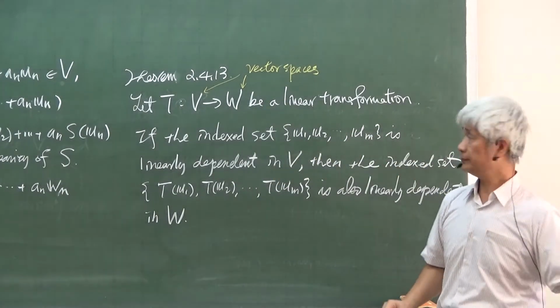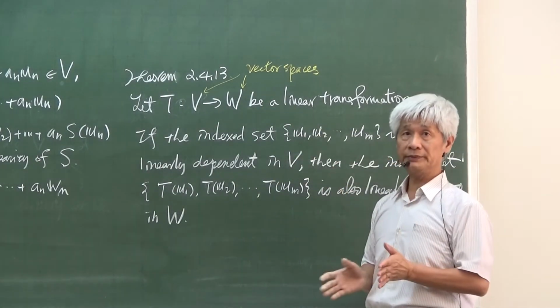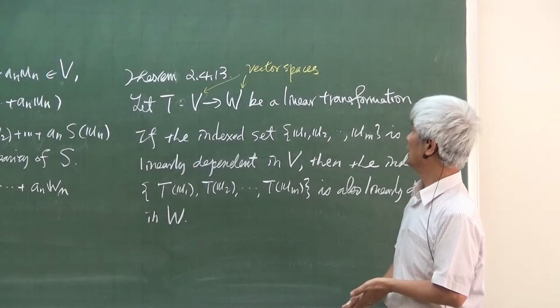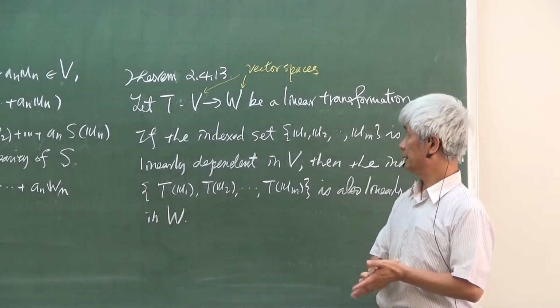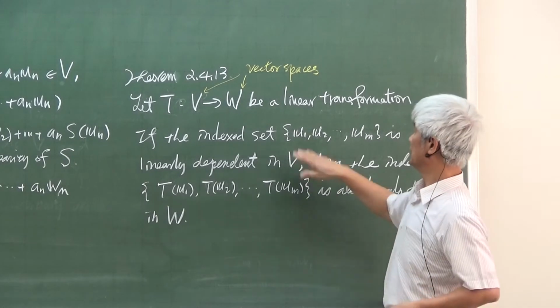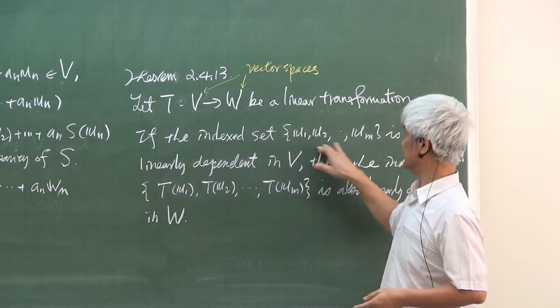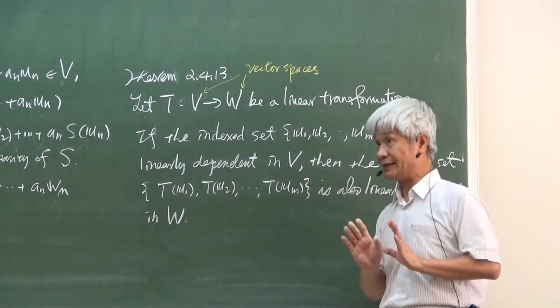So this theorem says that for any linear transformation T, it will map a linearly dependent set into a linearly dependent set.